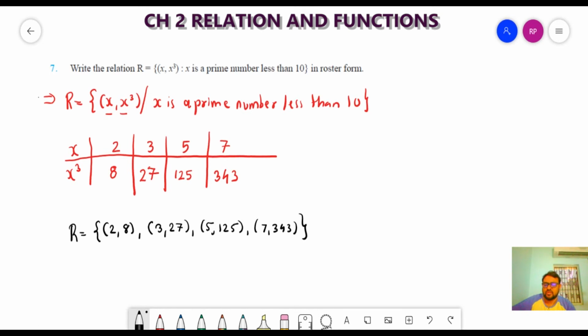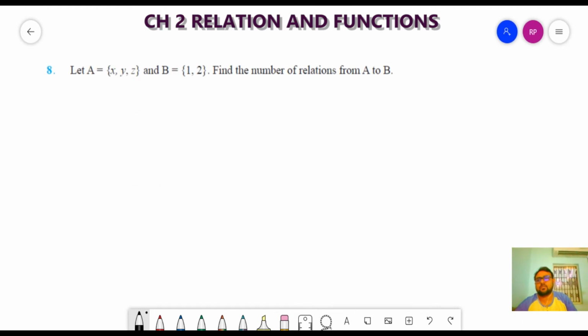Now let's move to the next question, that is question number 8. Let A equal to x, y, z and B equal to 1, 2. Find the number of relations from A to B. Let me write down A is equal to x, y, z. What is the number of elements of A? 3.